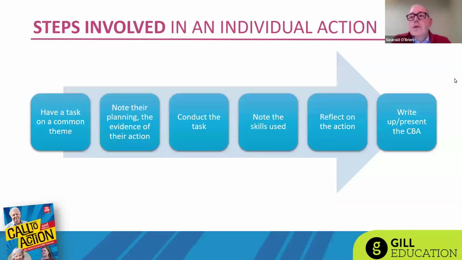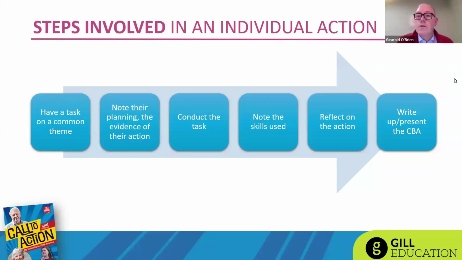In the case of an individual action, then, what are the key parts that are involved? It is important to have a task on a common theme. The example we're going to look at in a few minutes will be an infographic because it's one that I use, but we do it in second year. The theme we've been doing at the time is sustainability. So that's the common theme, but they have choice within that theme as to how they're going to do their infographic.